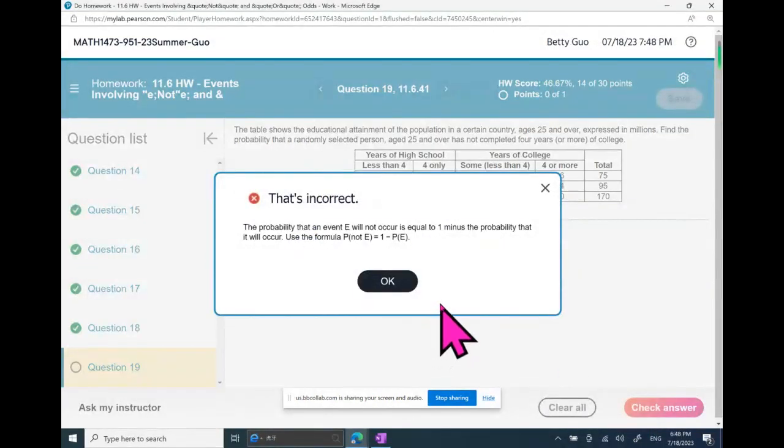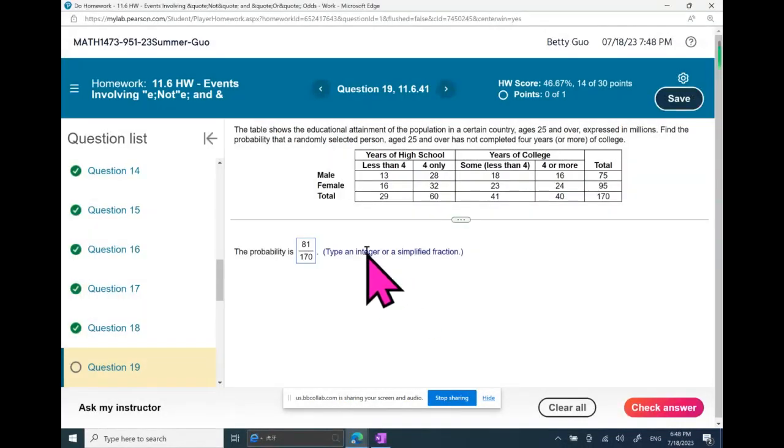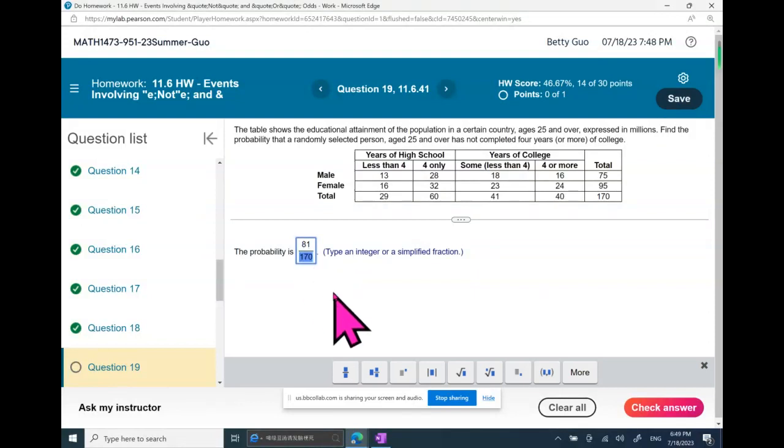Mine is probably that occur using the formula. Okay, so this is about complement. Has not completed the 4 years. Oh, my bad. I guess this is an English understanding issue. So has not completed 4 years or more of college. So it's this column, the last second column.